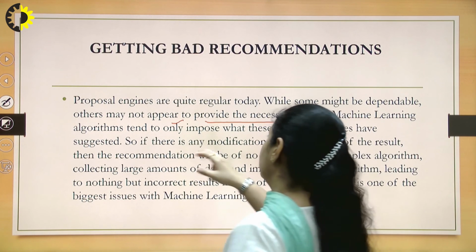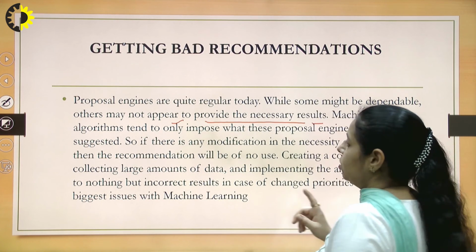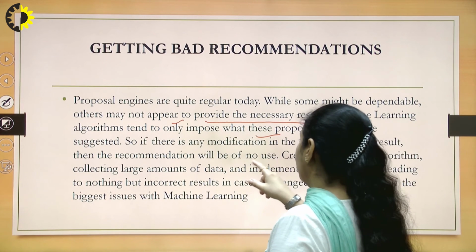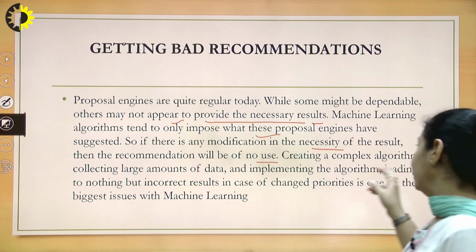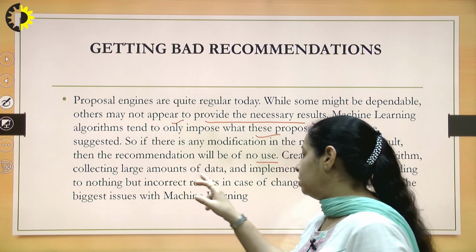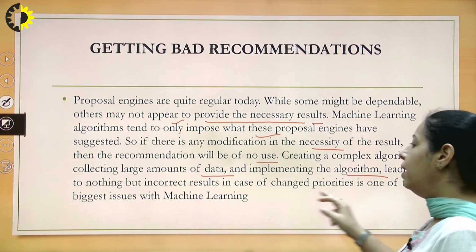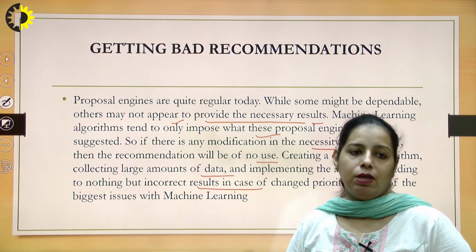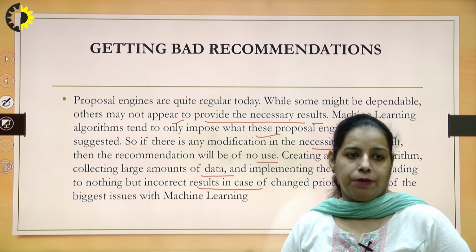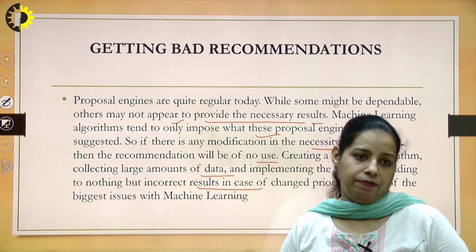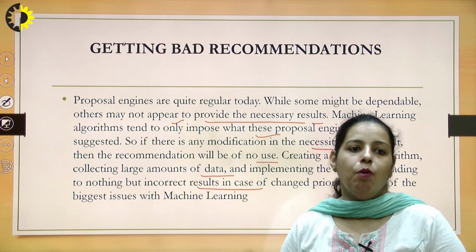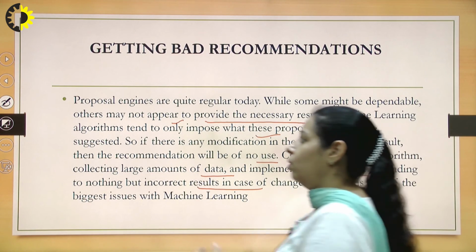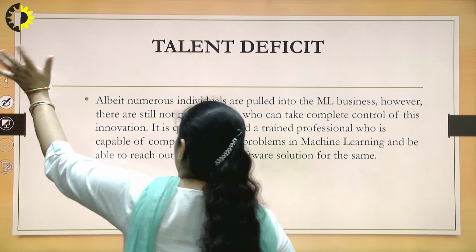And machine learning algorithms tend to only impose what these proposal engines have suggested. So if there is any modification in the necessity of the result, then the recommendation will be of no use. So it creates a complex algorithm collecting a large amount of data and implementing the algorithm, leading to nothing but incorrect results. So it means that if we go for proposal engines which keep on modifying, keep on changing and adding more and more data, then inaccuracy occurs and incorrect results come. So there must be some stability in their results.